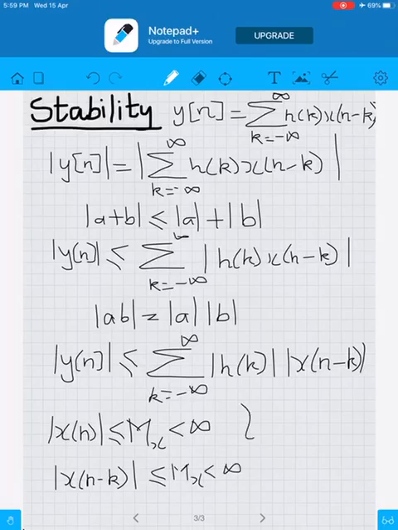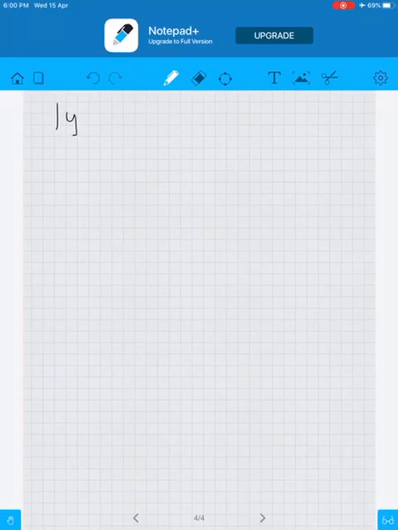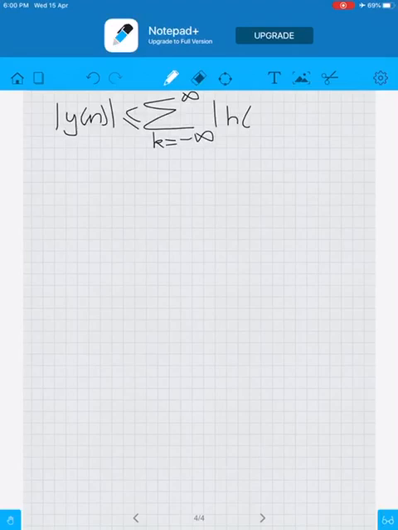Using this condition in the above equation, I can rewrite the equation as magnitude of y of n is less than or equal to summation k is equal to minus infinity to plus infinity magnitude of h of k into magnitude of x of n minus k.